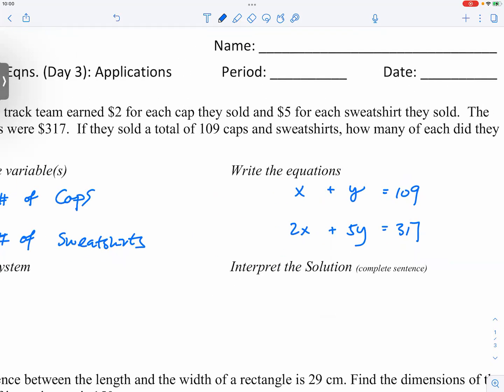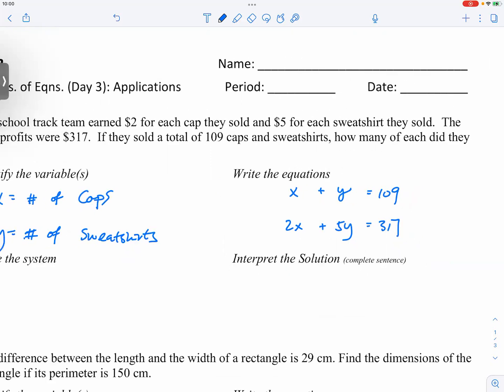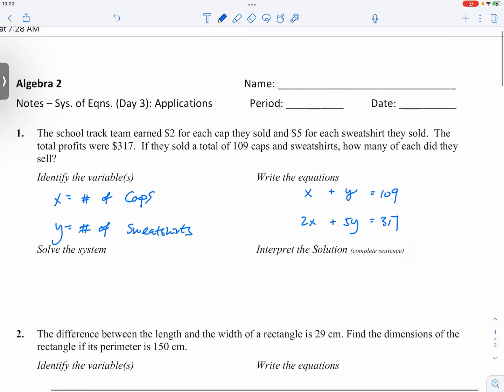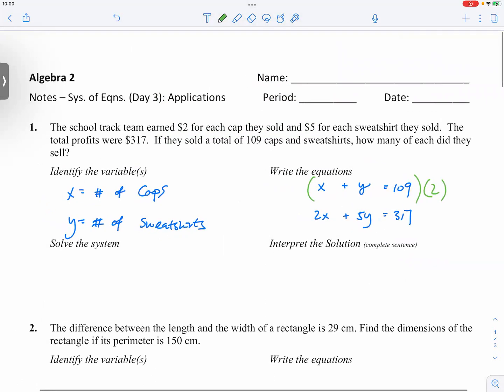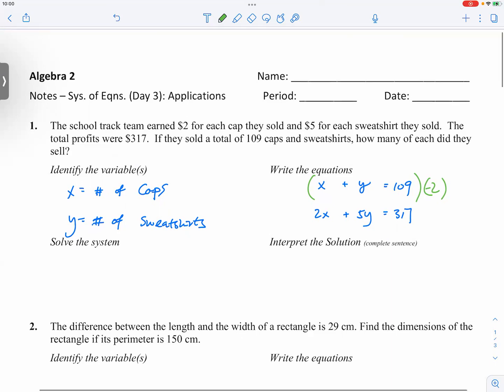Would you do a substitution or elimination in this case? Probably elimination. If we could do elimination, we try to do elimination because it makes our lives better. So I'm going to multiply the top equation by -2. Why -2, we ask?